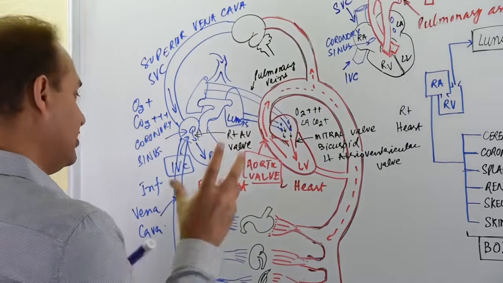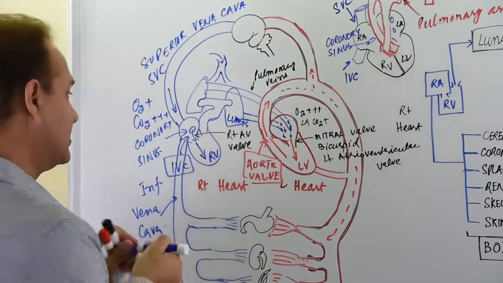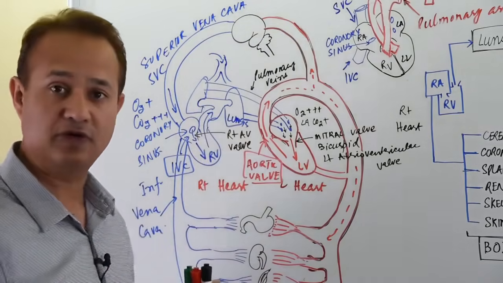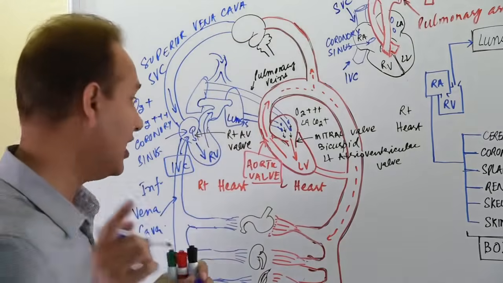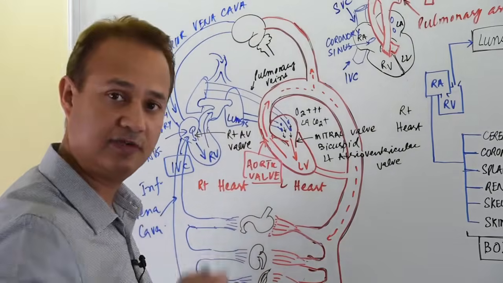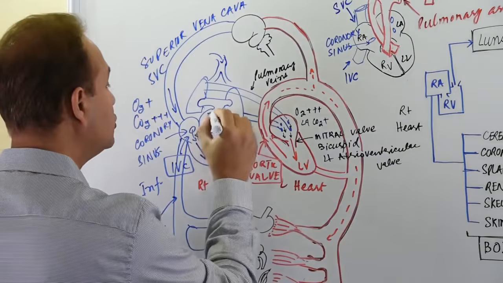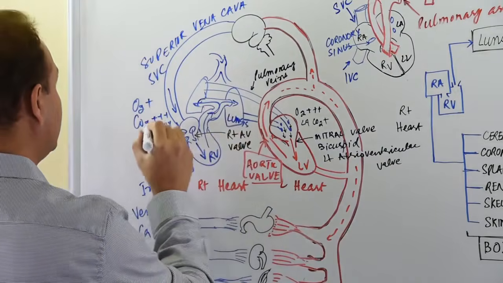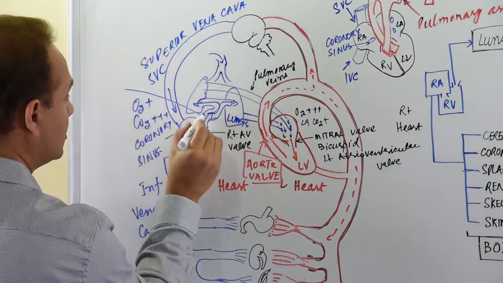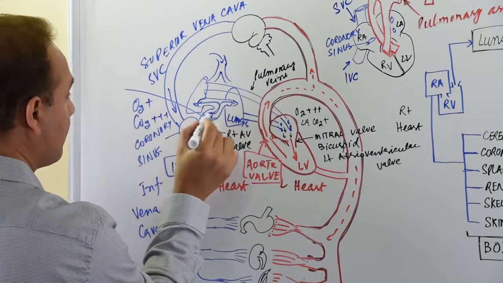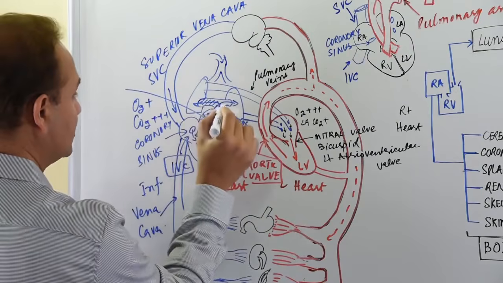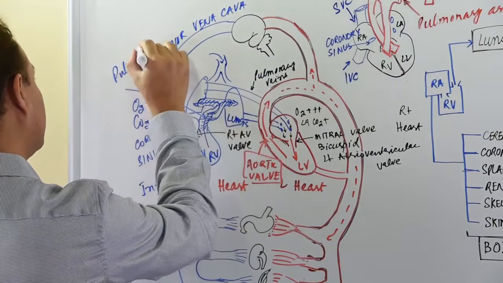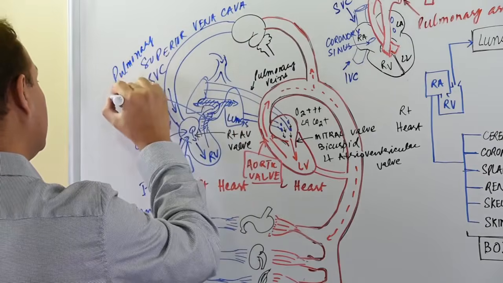When the right ventricle contracts, the blood will come out of the right ventricle through the pulmonary artery, because it is taking the blood out to the lungs. So that completes the circuit. I'm going to mark this blood vessel as the pulmonary artery.